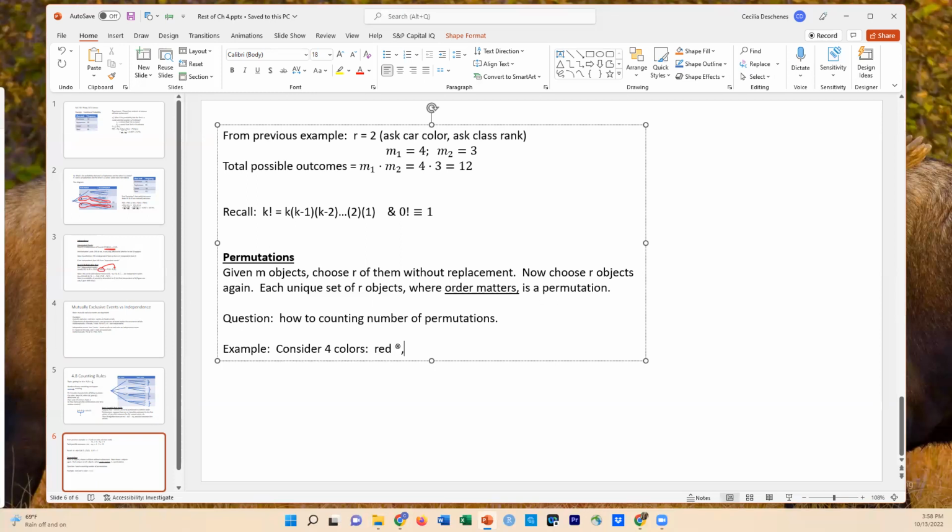Red, which is going to have R. Green, blue, or yellow. And the experiment is to choose two of them without replacement.